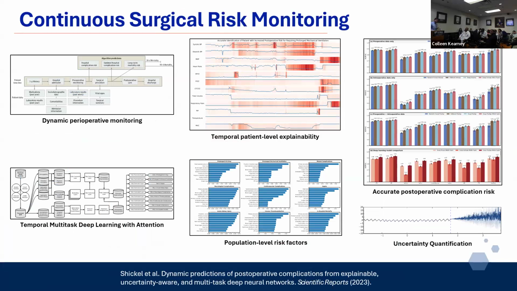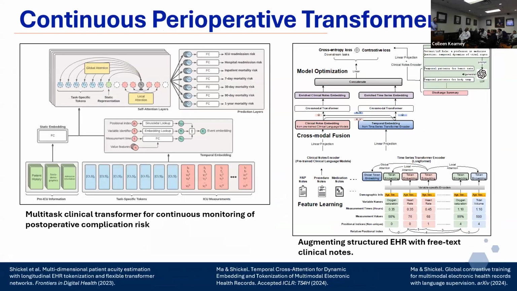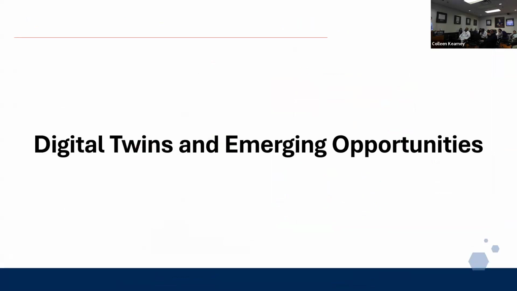We're doing things in the perioperative context, historically preoperative predictions of postoperative complications, and now evolving that into a full continuum from pre-hospital, through entering the hospital, following patients through surgery and after, to triage in ICU or floor, and until discharge.